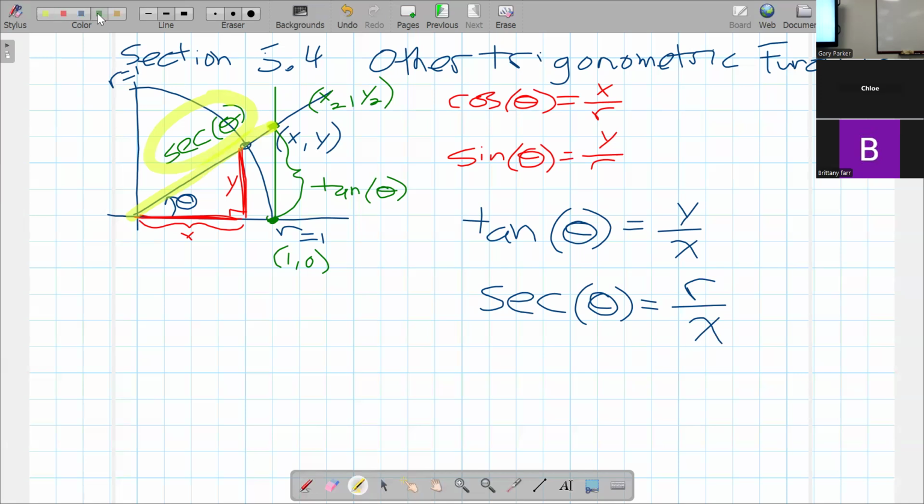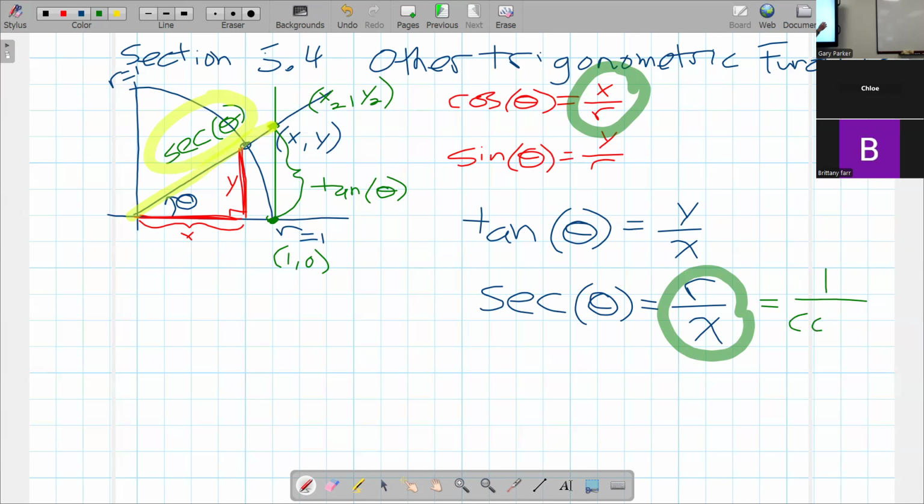Now, notice radius divided by x value versus x value divided by radius. They're reciprocals. So that means the secant and cosine are reciprocals. Another way I could define the secant is by saying it is also 1 divided by the cosine of the angle.